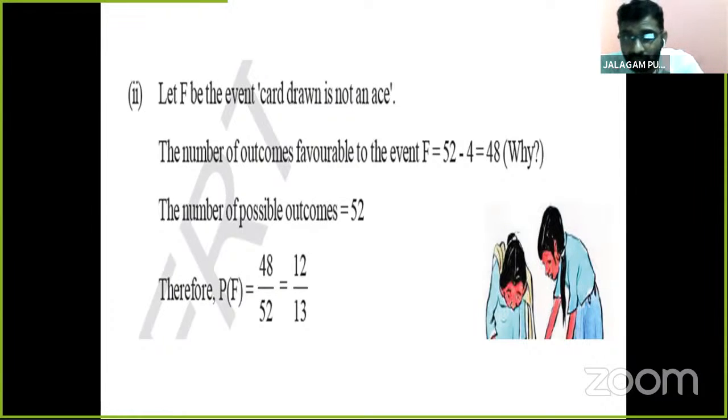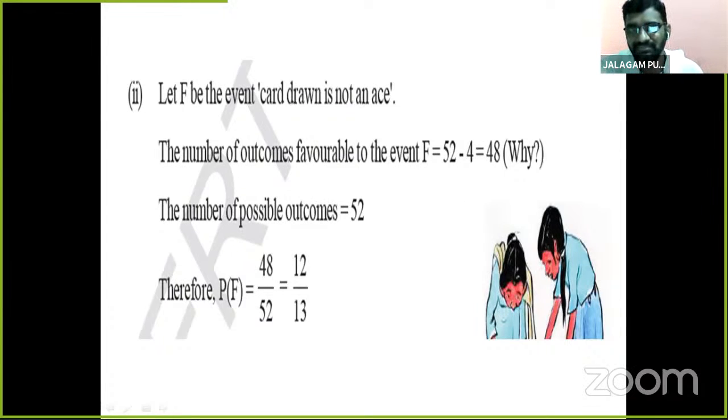In the previous example we found the probability that it is an ace; now we find that it is not an ace. So the number of outcomes favorable to the event: we take 52 minus 4, so these 48 are favorable to not an ace.